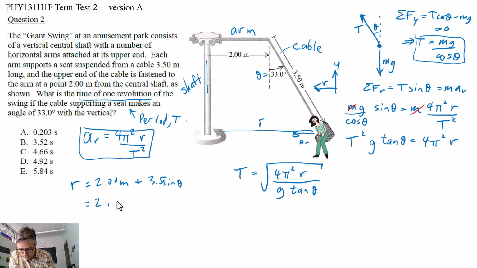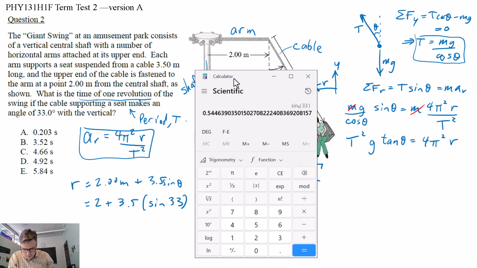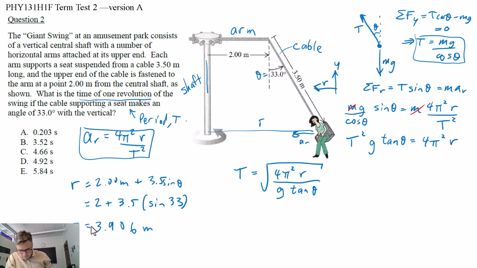So it's 2 plus 3.5 times sine of 33 degrees. 33 sine times 3.5 plus 2 equals, I got 3.906 meters.